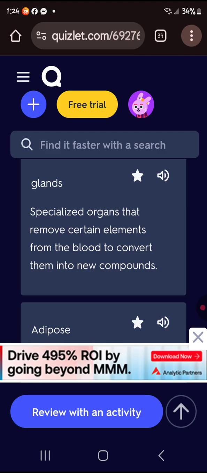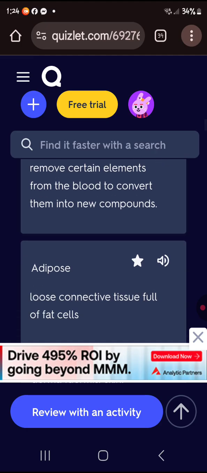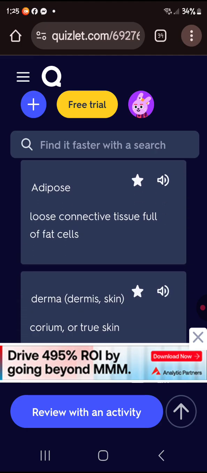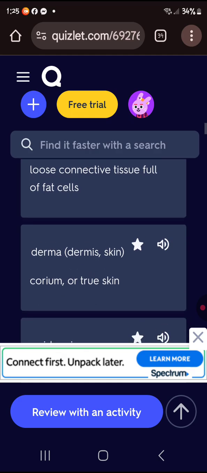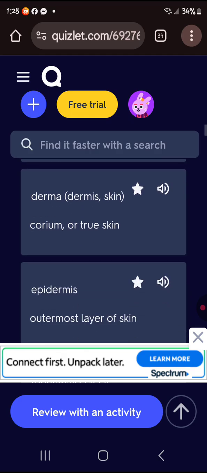They remove elements and convert them into new compounds. Adipose is loose connective tissue full of fat cells.